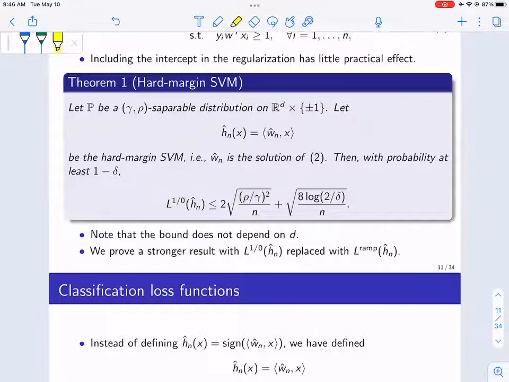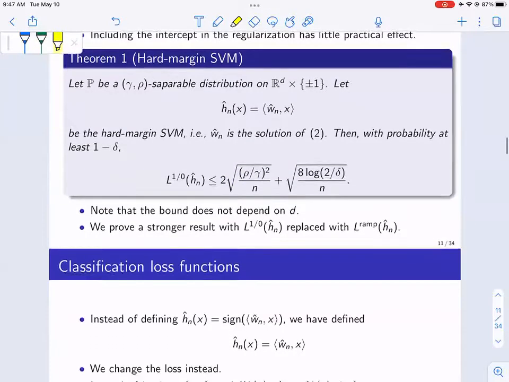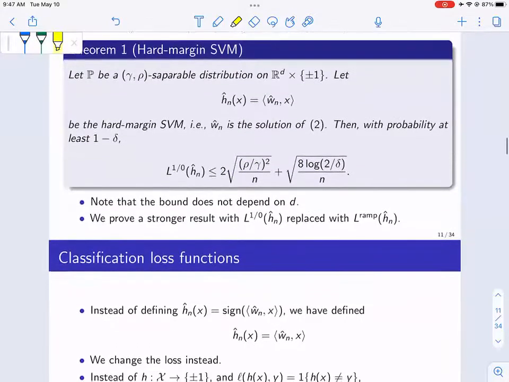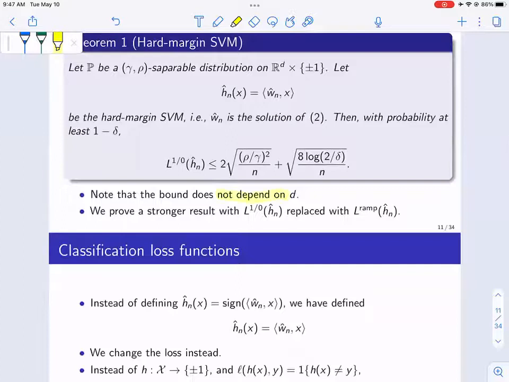So this is the control over the expectation of the loss, basically, which is different. The key is that this bound does not depend on D, and we achieve that because of the margin. And then you actually show this for a larger loss. We show that the ramp loss is bounded by this, and the ramp loss upper bounds the 0-1 loss, so we have a stronger result, in fact.